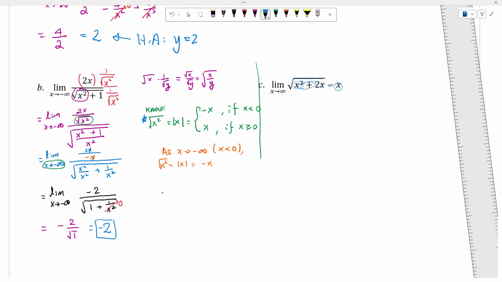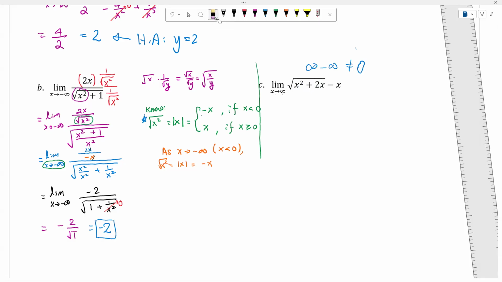So remember, infinity minus infinity is not equal to 0. Keep that in mind.